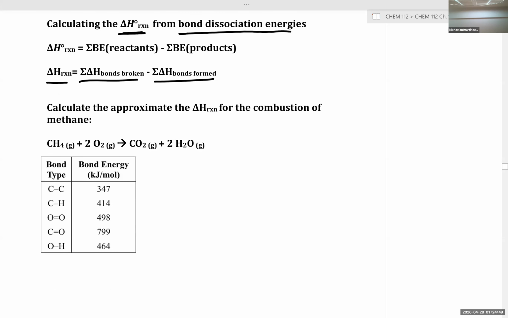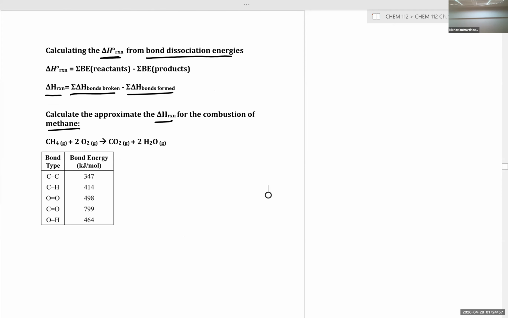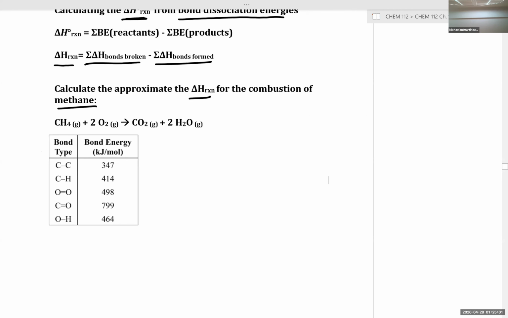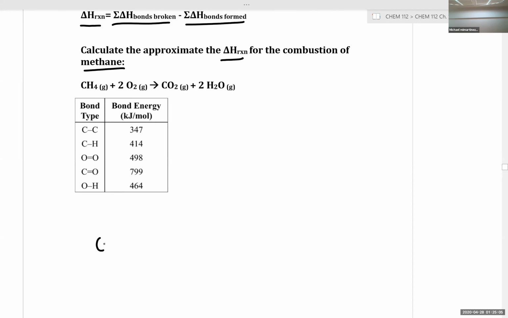To give you an example, we can calculate the approximate enthalpy of reaction for the combustion of methane. If we draw out our Lewis structures for this, we need to get a sense of what bonds we're making and breaking. To do that, we need to understand what structures we're dealing with. So here's methane.